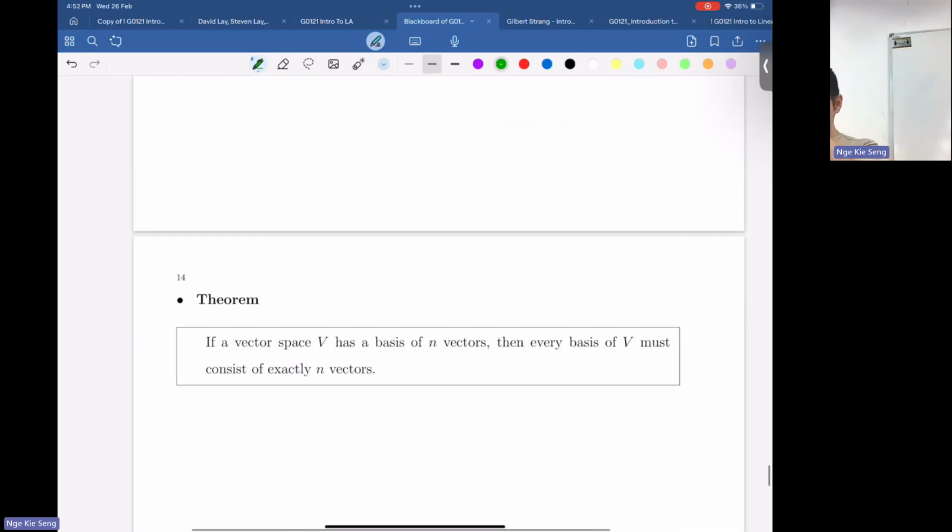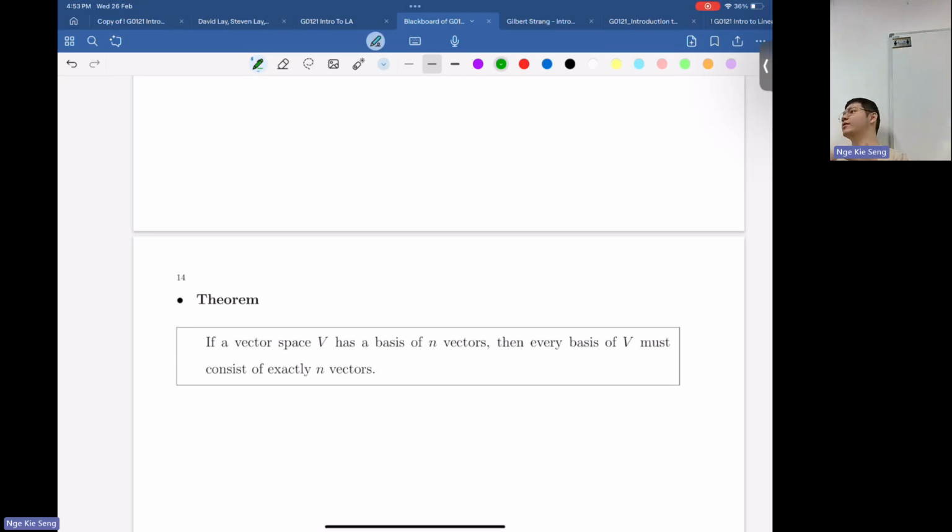Next, if a vector space has a basis of n vectors, then every basis of V must consist of exactly n vectors. You know what this sentence is trying to say? If you know that the vector space has a basis of n vectors, and you choose another basis, another set that is linearly independent and spans, it must also consist of exactly n.